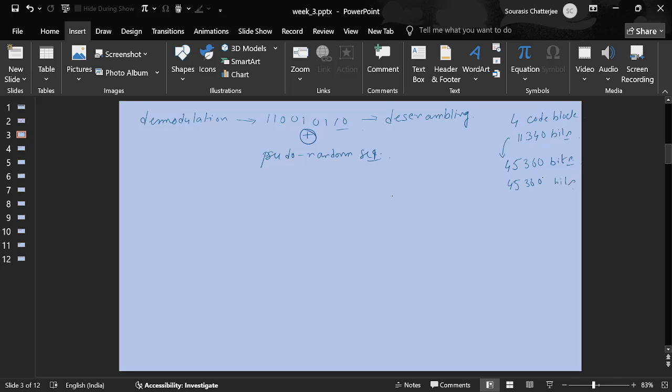So do we store this entire thing, because we need to use the pseudorandom sequence and it should be the same length as the payload? So how does it happen? Do we exactly need to store these 45360 bits, or is there some other way?